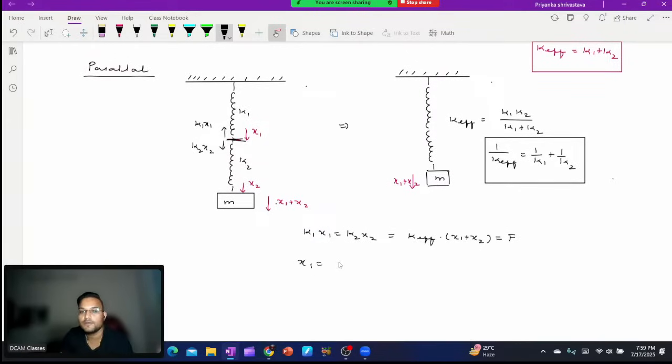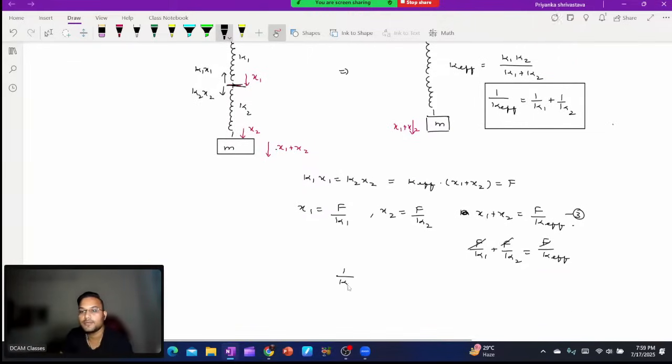So x1 will be equal to F by K1, x2 will be equal to F by K2, and x1 plus x2 will be equal to F by K effective. If you put the x1 and x2 values in this third equation, it will be F by K1 plus F by K2 equals F by K effective. So that's why we get the result: 1 by K effective will be equal to 1 by K1 plus 1 by K2.